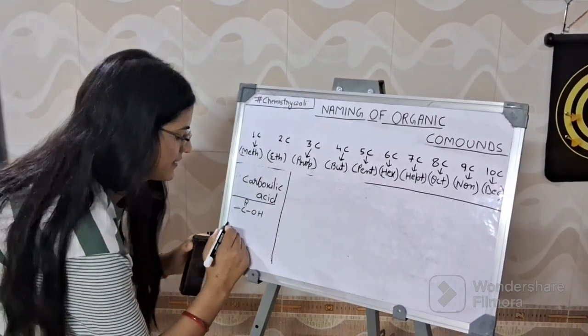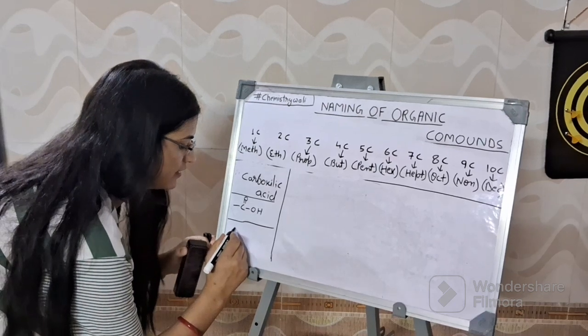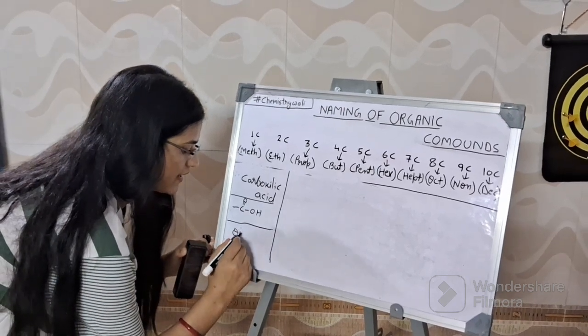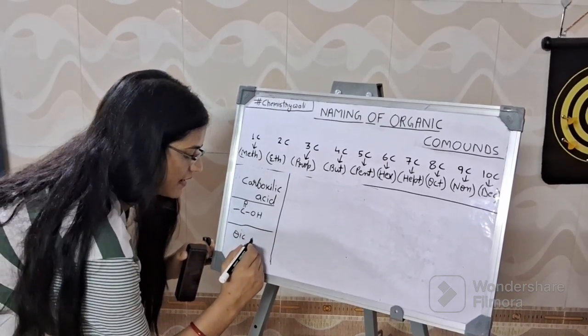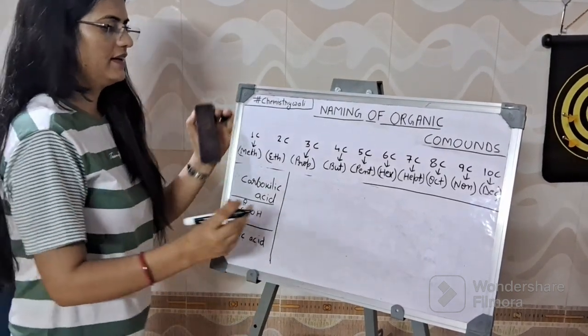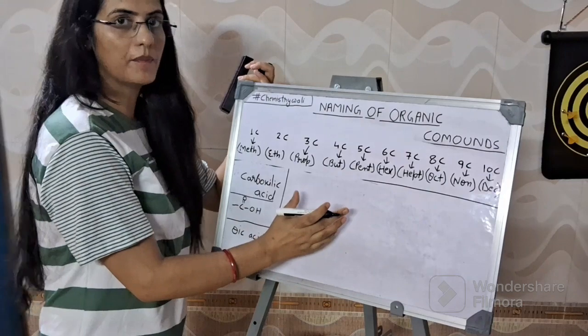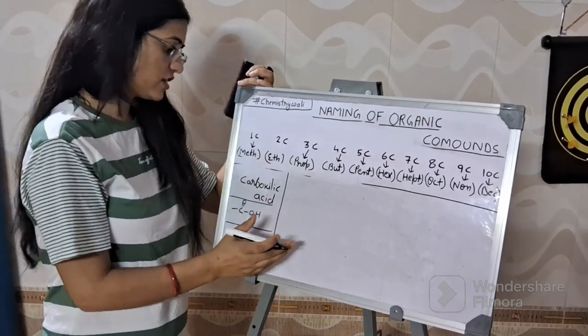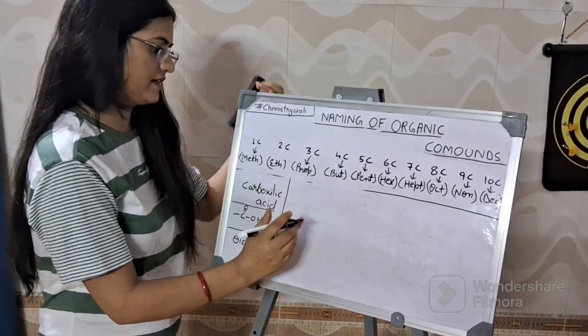And the suffix we are using here, oic acid. Okay, let's start how to name a compound having functional group carboxylic acid.